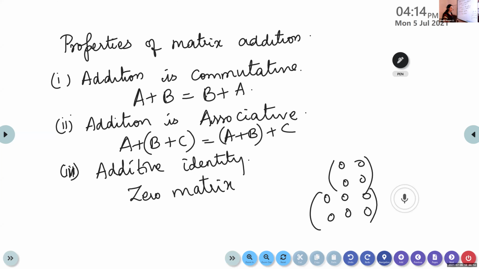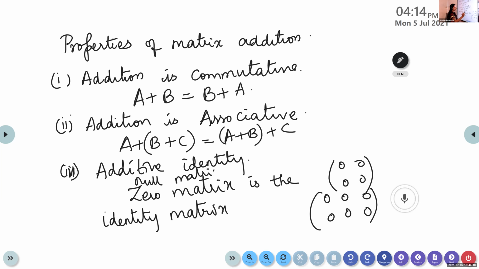So the 0 matrix is the identity matrix. The 0 matrix is otherwise called a null matrix.